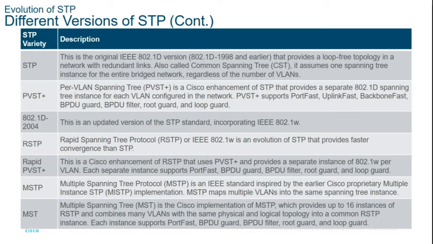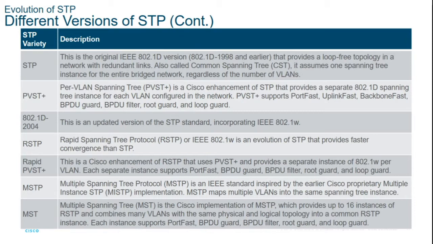The table below describes the different versions or implementations of STP. STP is the original IEEE 802.1D. It is also referred to as Common Spanning Tree or CST. It implements a single spanning tree instance for the entire bridge network regardless of the number of VLANs.